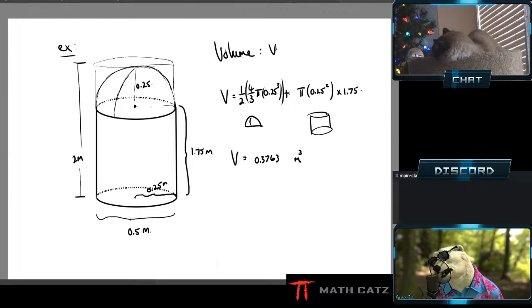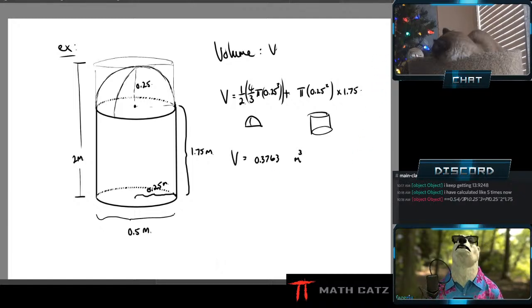Half, which is 0.5, times 4 divided by 3 times pi times 0.25 cubed plus pi times 0.25 squared times 1.75. Try to be as objective as I can. I get the same answer, so I'm now a little bit more confident.